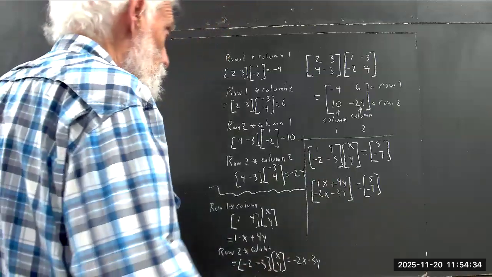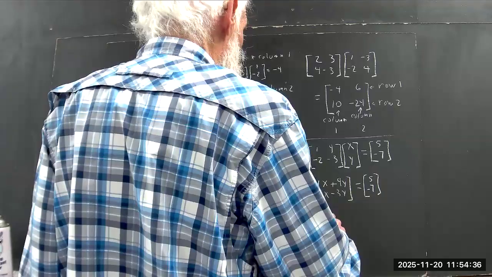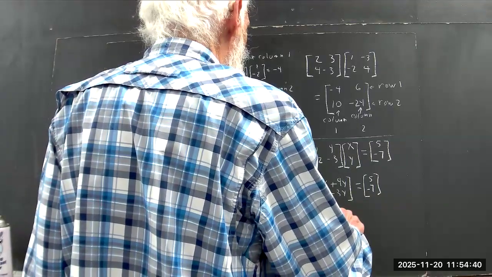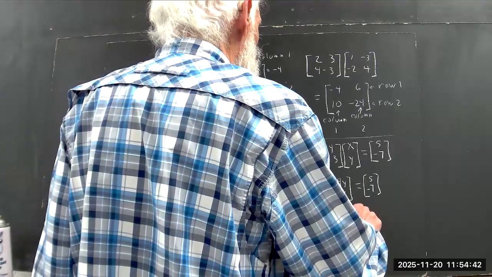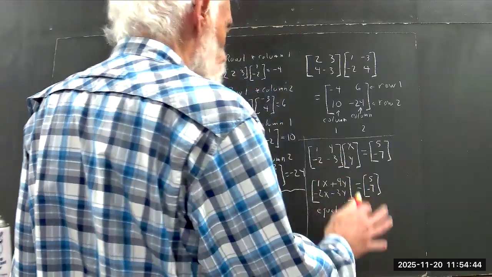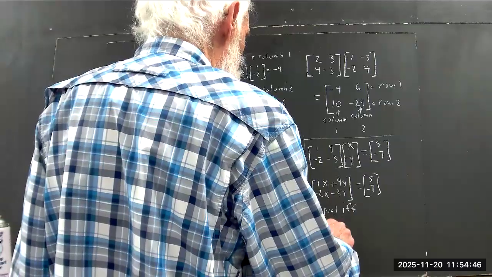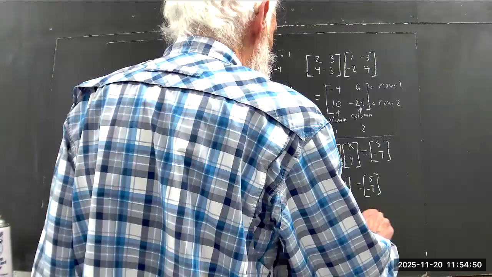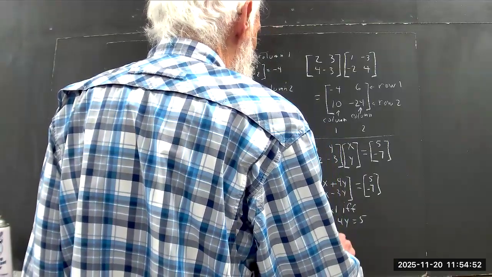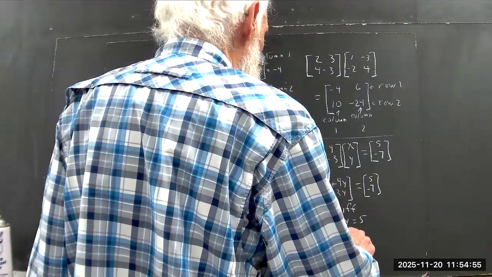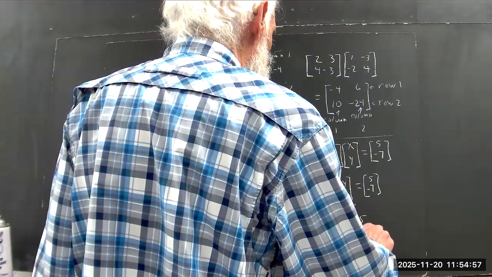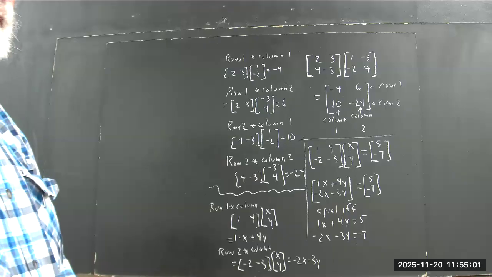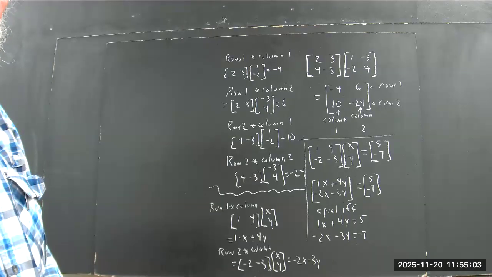Okay, so this means these are equal if and only if 1x plus 4y equals 5, -2x minus 3y equals -7.